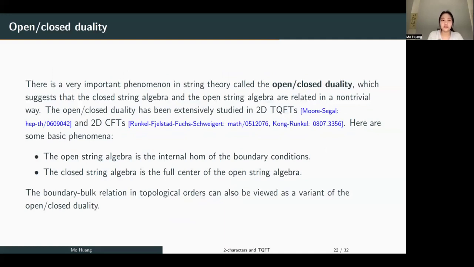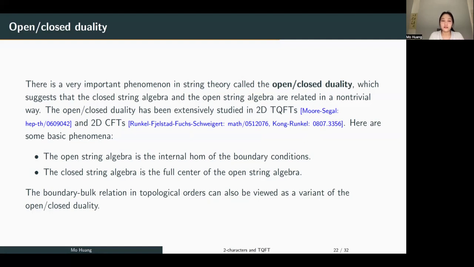There is a very important phenomenon in string theory called the open-closed duality, which suggests that the closed string algebra and open string algebra are related in a non-trivial way. And the open-closed duality has been extensively studied in 2D TQFT and 2D CFTs in these literatures.